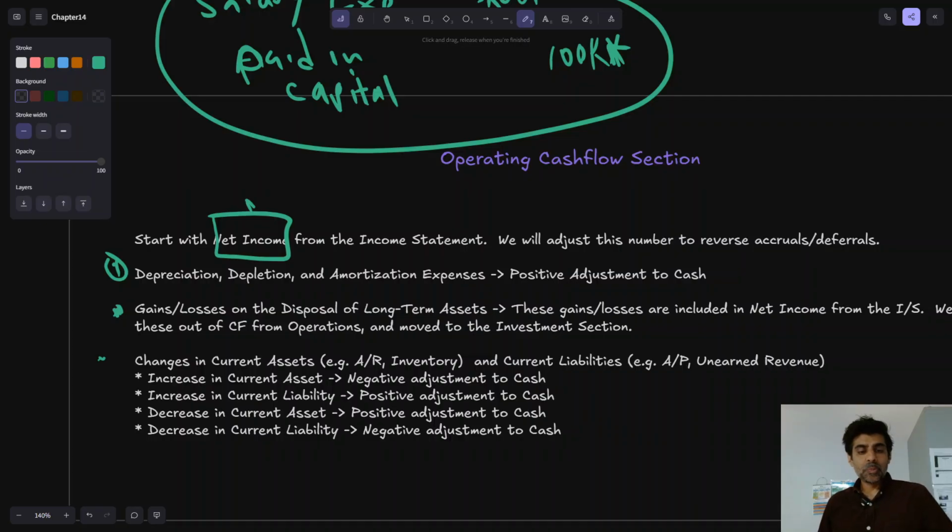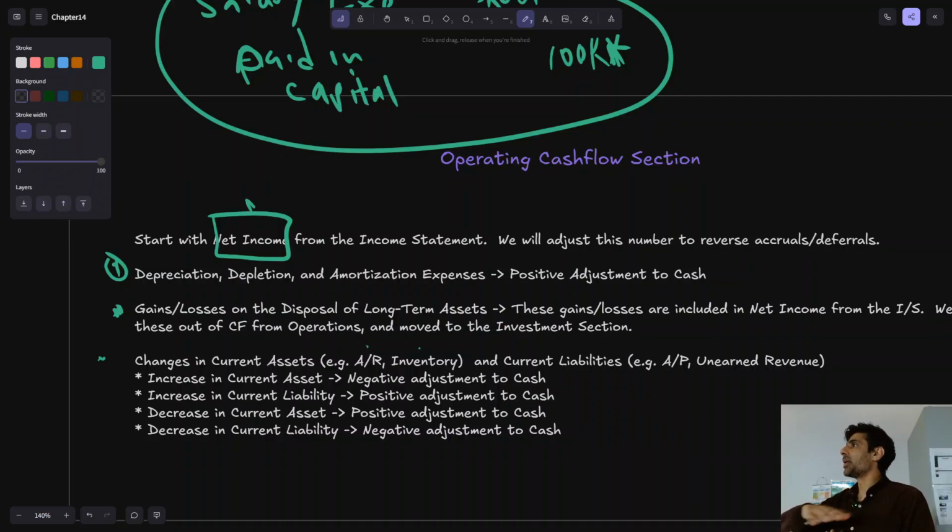Okay, you're going to then adjust the changes in your current assets and current liabilities. Now, I'm going to go into more detail about this, but accounts receivable and inventory are going to change during the period, and the change in those accounts is going to help you reconcile to cash.